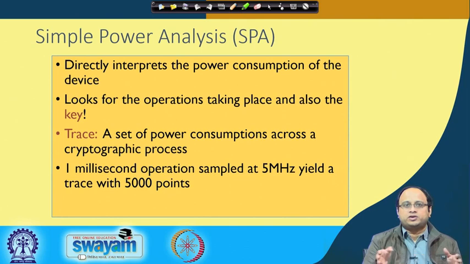Then you will have a power trace of 5,000 points. This observation of real data, which could be in milliwatts or microwatts depending upon your power consumption, plotted across 5,000 points of time, is called a power trace.